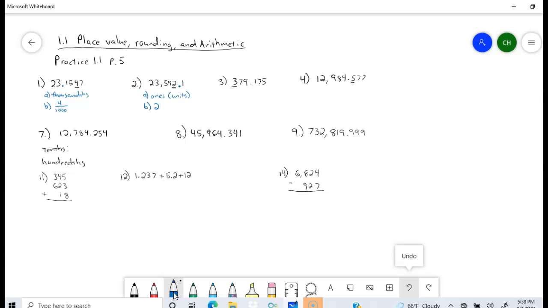Okay, on 3, here's my decimal. I'm going to go ones, tens, hundreds. Hundreds. And its value is 300. Okay, number 4.